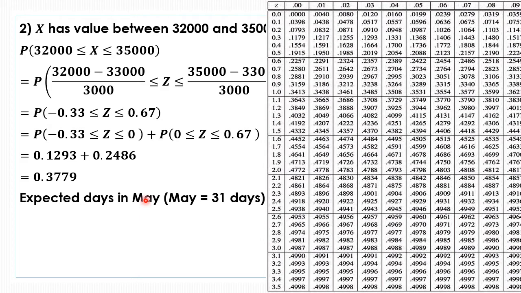So here May has 31 days, we will multiply 31 days with the probability to get expected days in the month of May, which is 11.71, but days are whole numbers, so approximately 12 days. So in the month of May, approximately 12 days will see daily petrol sales between 32,000 and 35,000 liters. I hope you guys are getting how we solve these sums. Moving on towards the next illustration.